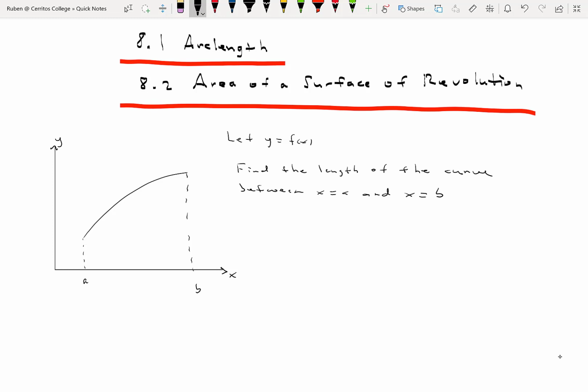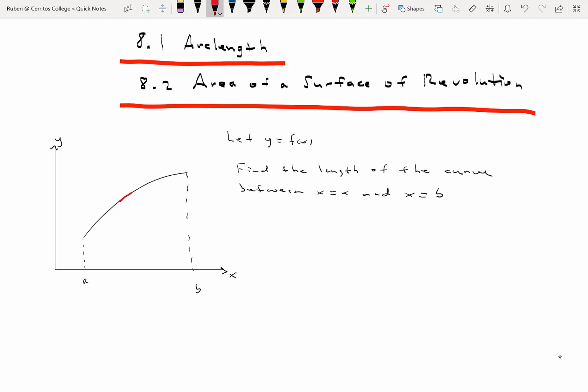What we're going to do is use a really common trick, especially in physics. We're going to imagine taking the curve from x equals a to x equals b and cutting it into an infinite number of little sub-arcs, little bits of the curve, and then we're going to sum up each of those little bits. Specifically, we'll look at one infinitely small bit of the curve.